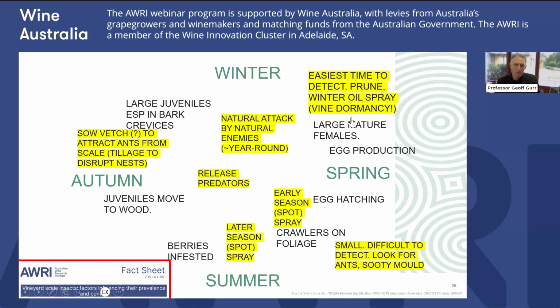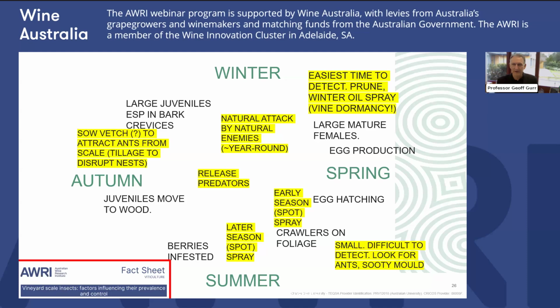So what would happen as we move out of winter, or even winter now, is that it's the easiest time to detect the scale insects because you've got mature nymphs, relatively large, and they're gradually completing their development into the mature female with that characteristic scale protective covering over her body.